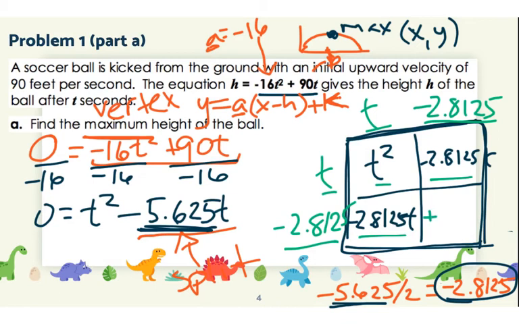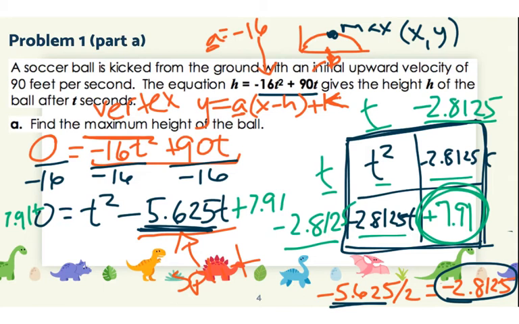Let me see what I get. I get a positive 7.91. Is that right? Okay. So this is what I need to complete that square. So I need to add 7.91 to both sides.